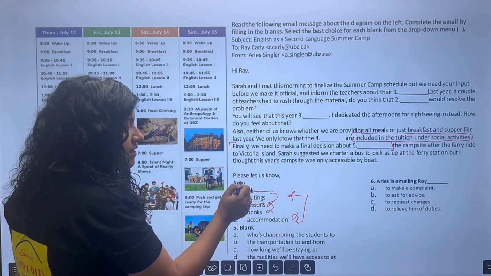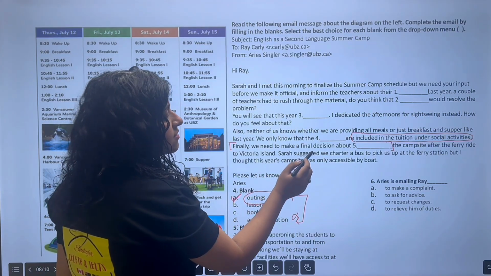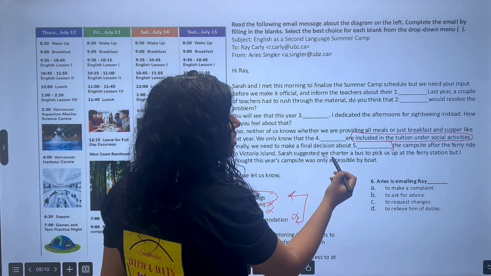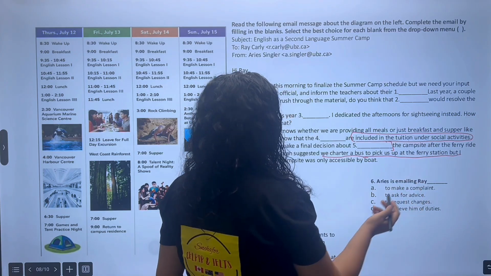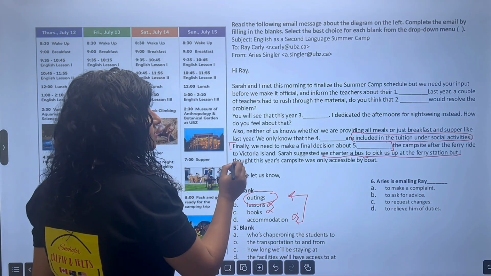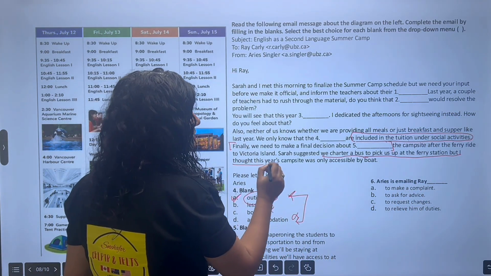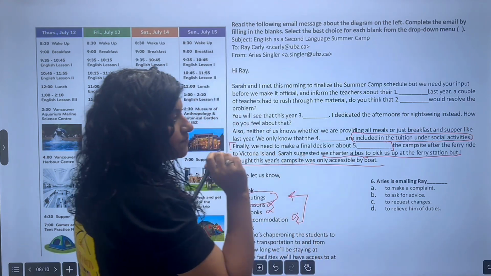Then Aries further says, Sarah suggested we charter a bus to pick us up at the ferry station, but I thought this year's campsite was only accessible by boat.